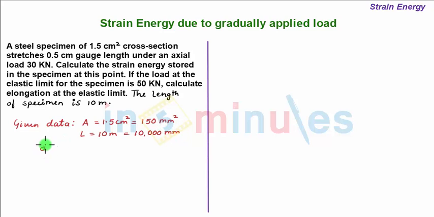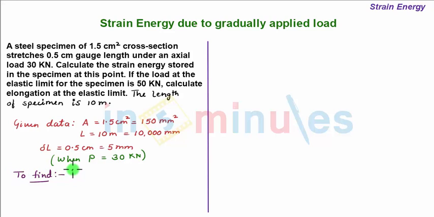Then the delta L elongation is given as 0.5 centimeter and this is equal to 5 mm. Now this is the delta L elongation when your load was 30 kN. This is all given data in the problem, and we have been asked to find out first strain energy U when your load was 30 kN.